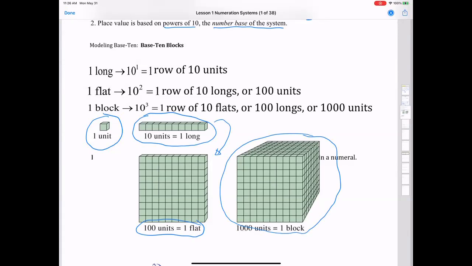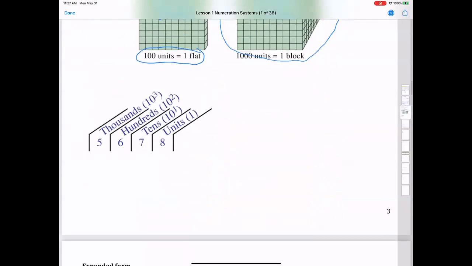So how many units are there in a block? There are 1,000 units in a block because it's 10 groups of hundreds. This is 10 groups of hundreds. This is 10 groups of tens. This is 10 groups of ones. This is 1. Okay, all right, so let's go to the next.